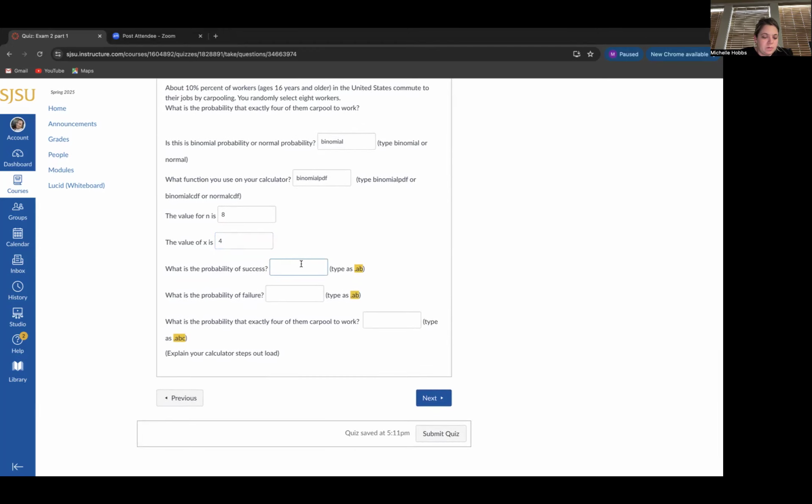And then the probability of successes. What is the probability of success? What is the probability of failure? So I have 8 and I have 4.